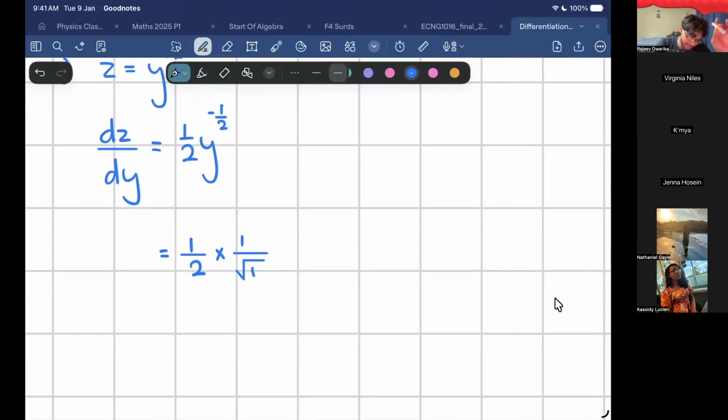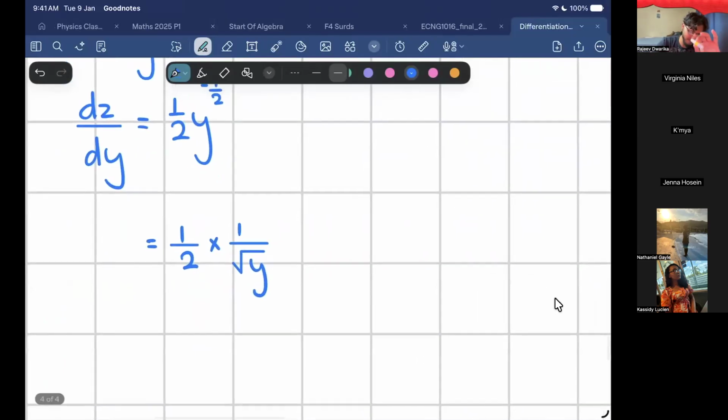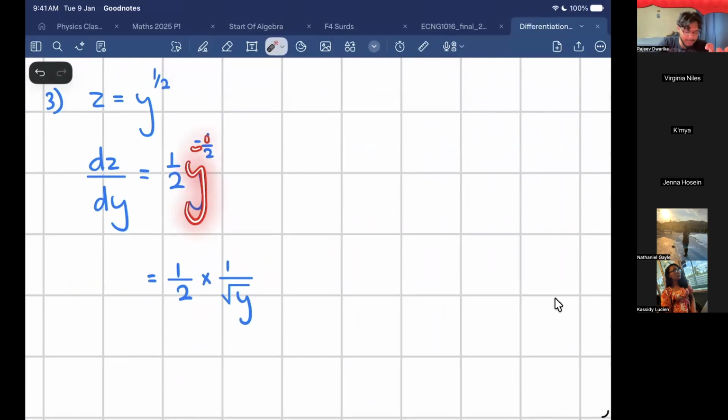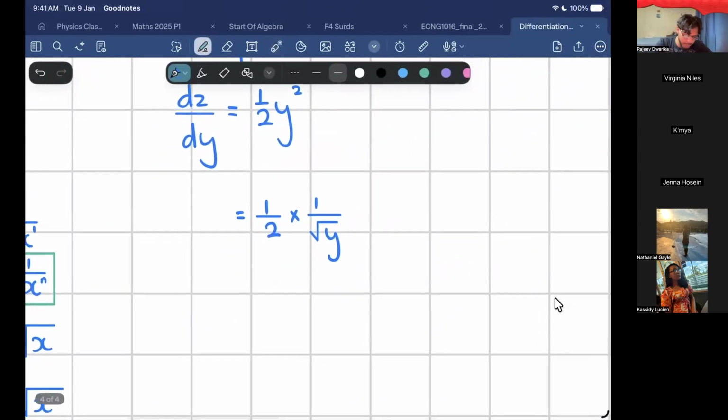He said the final answer. Ladies, do you all understand why that is the case? Yes, sir. Because y to the power -1/2 really means 1 all over y to the power +1/2, and we know that to the power 1/2 means square root. So if you want, you could write your final answer as 1 over 2 root y.